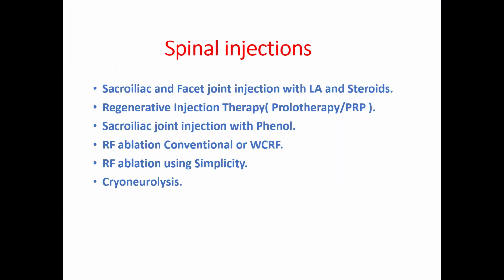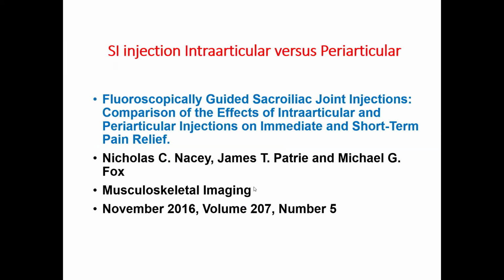Spinal injections are these, like sacroiliac or facet regenerative injection therapies. You can inject phenol, you can do radio frequency ablation or cryoneurolysis. Okay, so SI injection could be done interarticular or periarticular. The interarticular is done mainly in elderly folks.